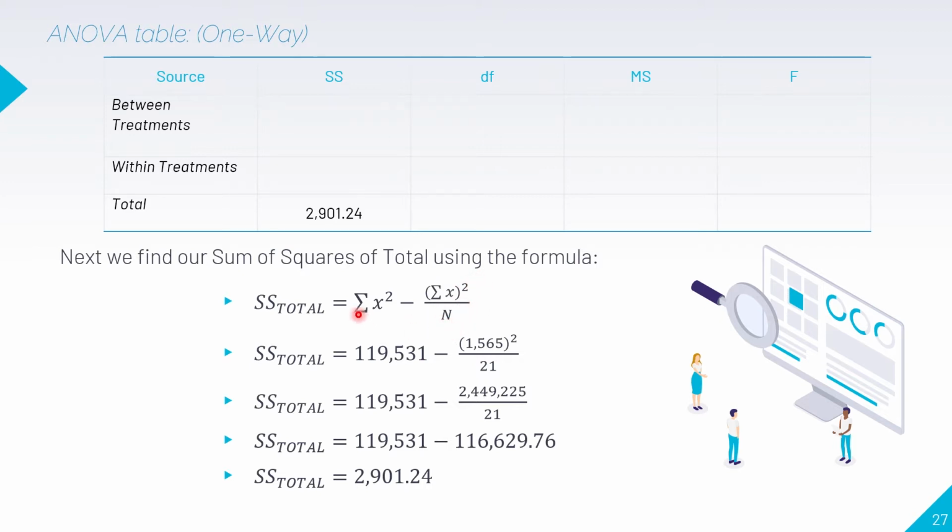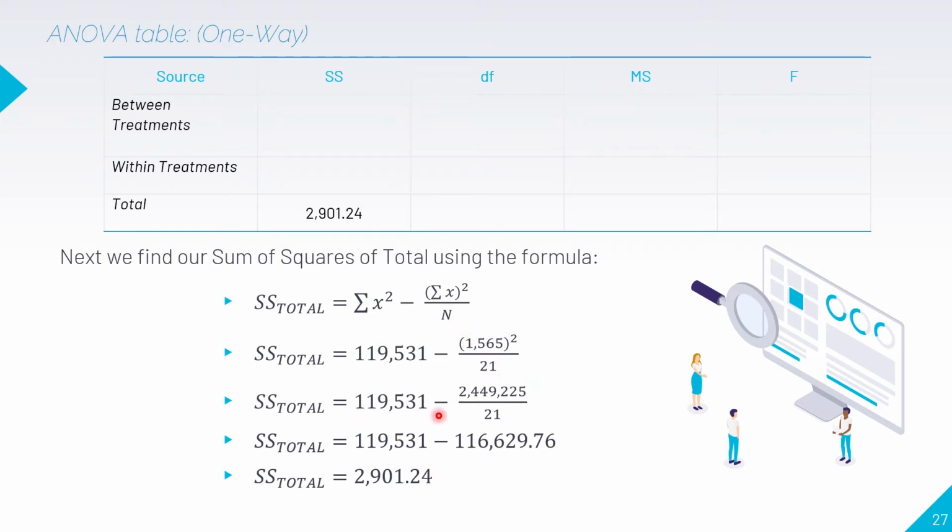Since the summation of X squared, we did it earlier, the value is 119,531 minus our summation of X, which is 1565, squared over 21, since our N is 21, right?